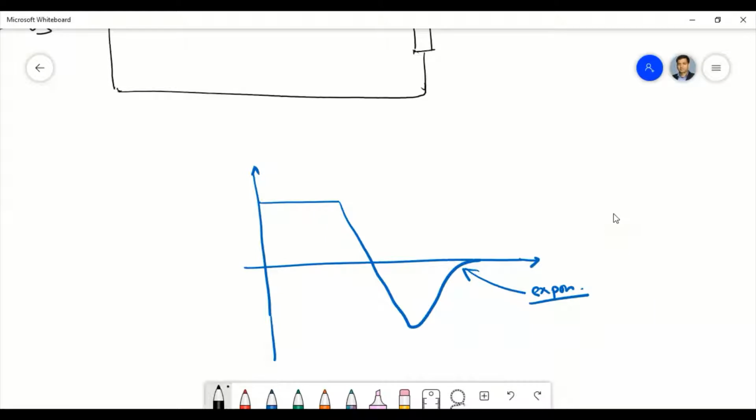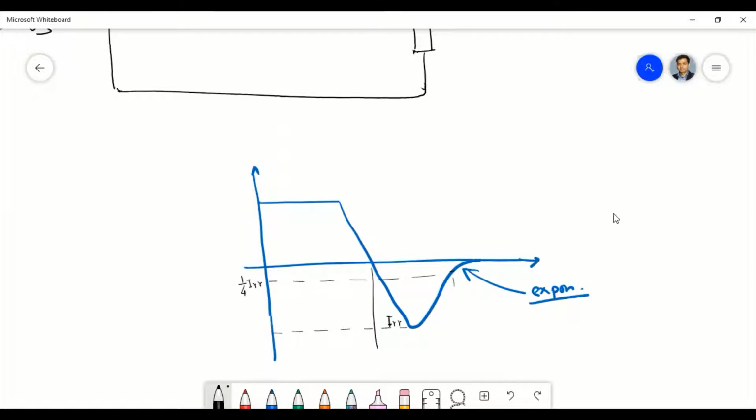Therefore, generally, how you define this reverse recovery time is that if this is the maximum current in the negative, which is also called the IRR, reverse recovery current, and when the current reaches 1/4 of this, so this is 1/4 of IRR.